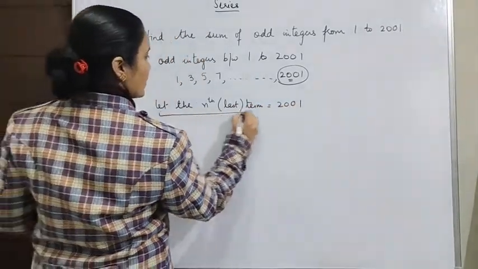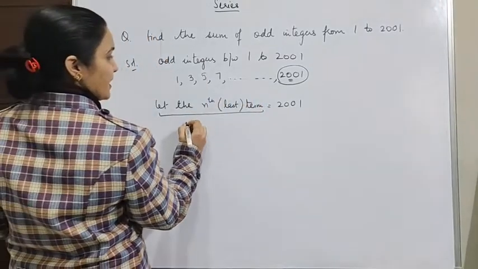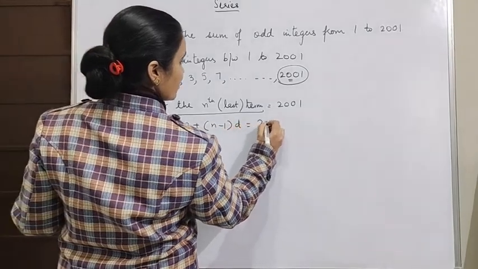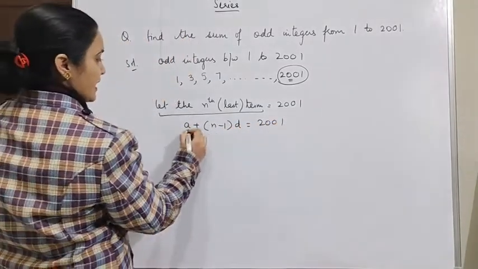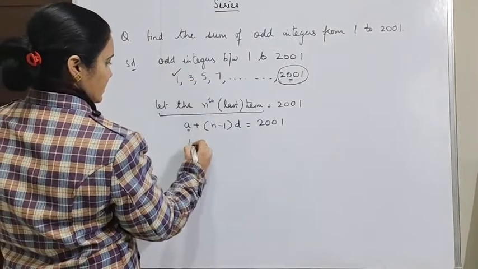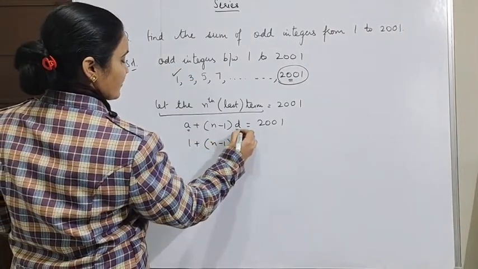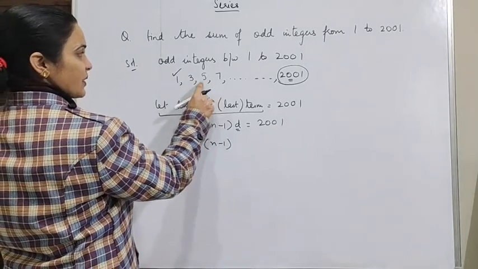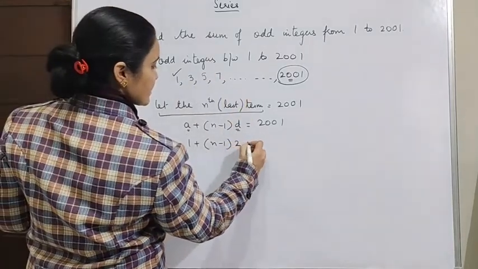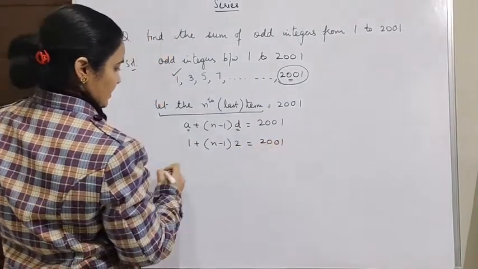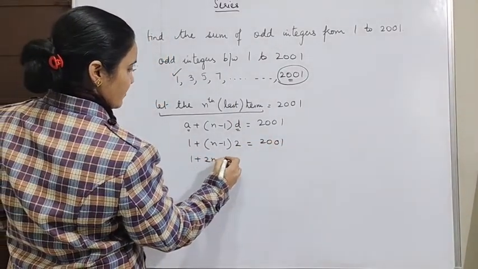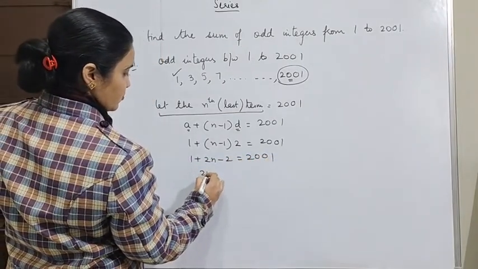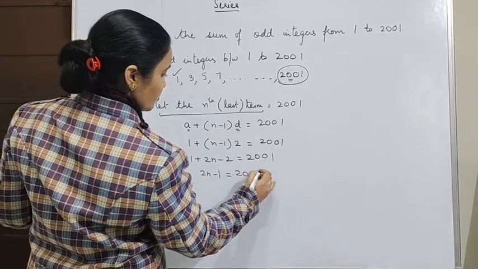And we know the formula for the nth term of an AP is a plus n minus 1 times d is equal to 2001. a is 1, and the common difference is 2, since 3 minus 1 is 2, 5 minus 3 is 2, 7 minus 5 is 2. So it is 1 plus 2n minus 2 equal to 2001, so 2n minus 1 is equal to 2001.